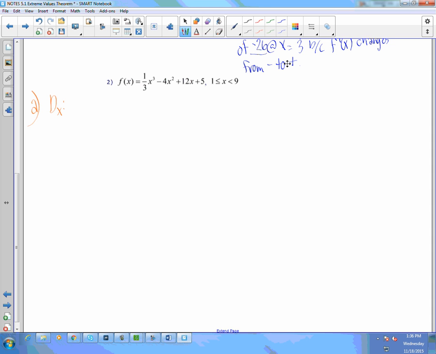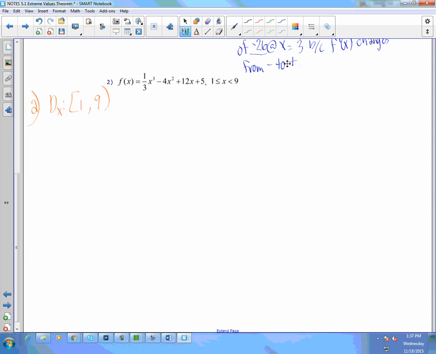Whatever the function is, for number 2, it's a cubic. Normally, what's the domain of a cubic? Negative infinity to infinity. However, if there are brackets after the function, we have a restricted domain. Do you have this? Okay.